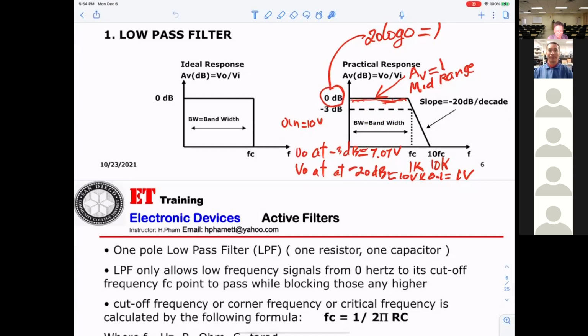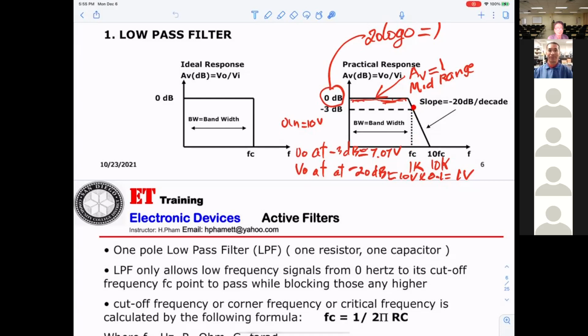However, at this point, FC means cutoff frequency, critical frequency. They get a different name if you're looking into the handout. At cutoff frequency, the output will go down 3 dB.